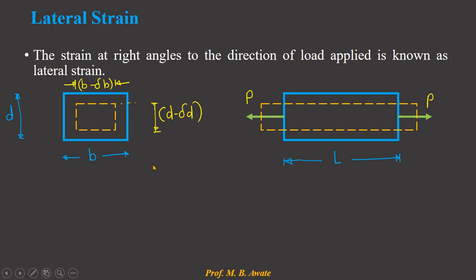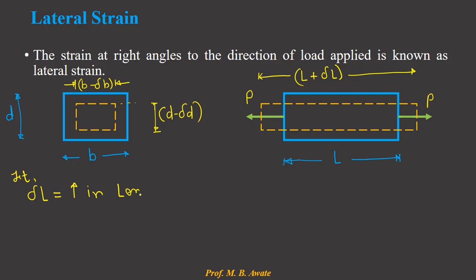So now I can say that the length of the body has increased to L plus delta L, the breadth has decreased to B minus delta B, and the depth has decreased to D minus delta D. Here I can express a few terms: delta L, where the upward arrow indicates increase. Delta L indicates the increase in length.